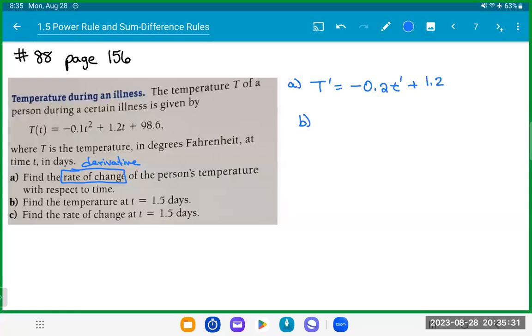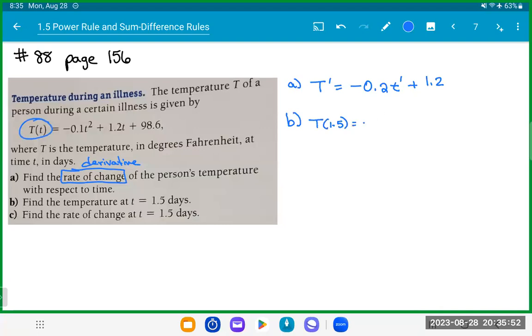Okay, the second part of this wants us to find the temperature at day 1.5 or time 1.5. So we're going to plug this into the temperature. So that's T of 1.5 is what we want to know.